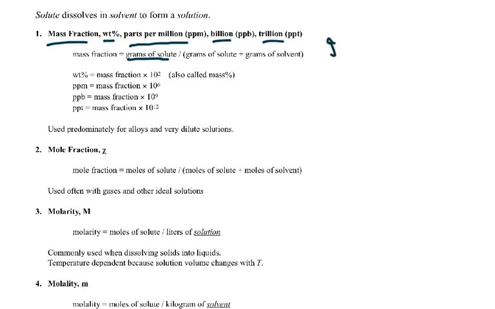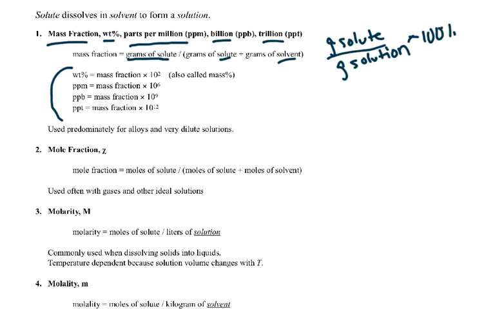And the grams of solution is just the solute plus the solvent. That's related to these other ones. So a weight percent or mass percent is just going to be that fraction times 100%.